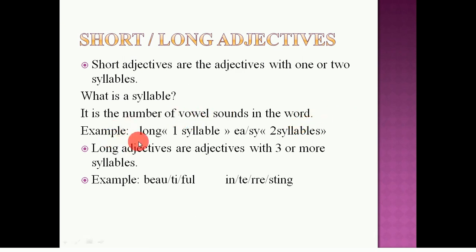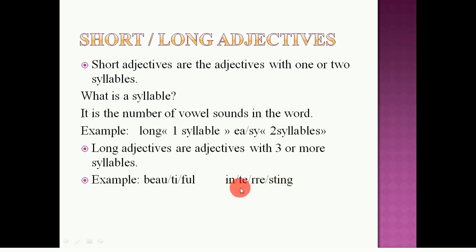اوكي و long adjectives شنو هما؟ Long adjectives are adjectives with three or more syllables. Example, beautiful. قداش فيها هذه؟ U, I, U. Three vowel sounds معناها three syllables.